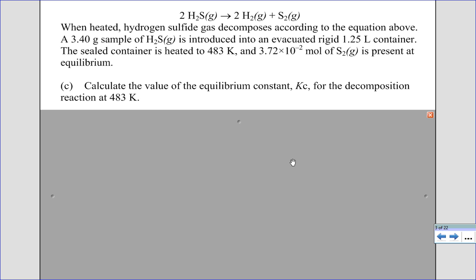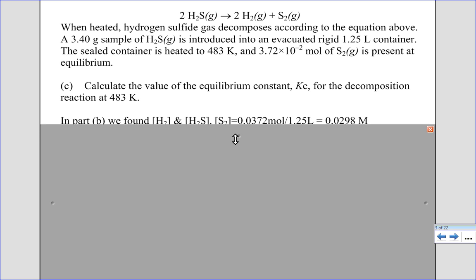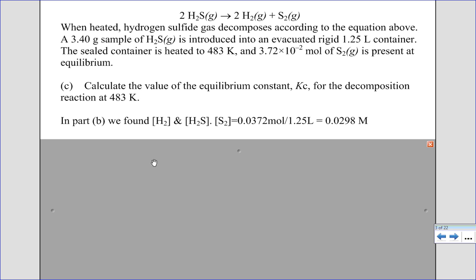In part C, we have to get the equilibrium constant. So finally, we're going to start bringing all this together. Important thing to remember is that we already know the equilibrium concentrations of 2 of these because we've found them before. Part B, we got the concentration of hydrogen gas and the concentration of H2S.